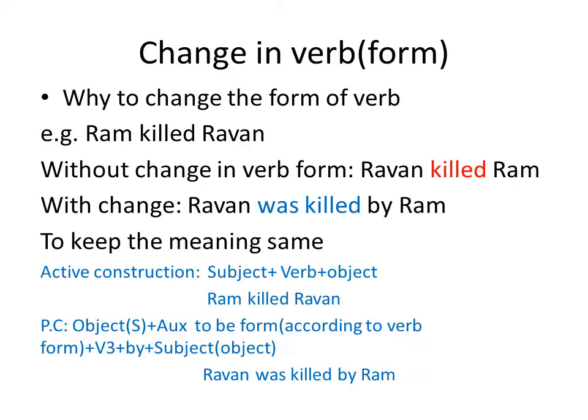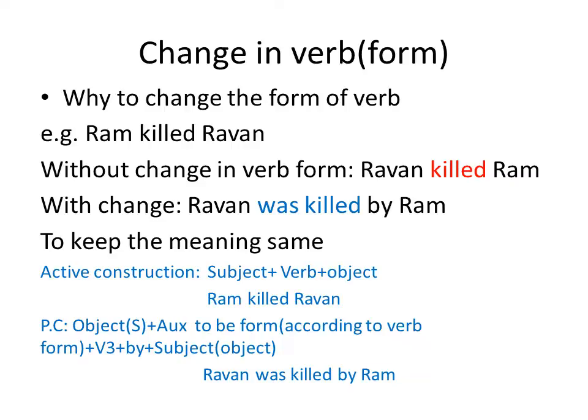So Ravan. Then we have to take the auxiliary form according to the verb form. Just take an example: it is killed. It is a simple past sentence, and we have to keep the subject and predicate concord also. So the auxiliary form was, then V3.